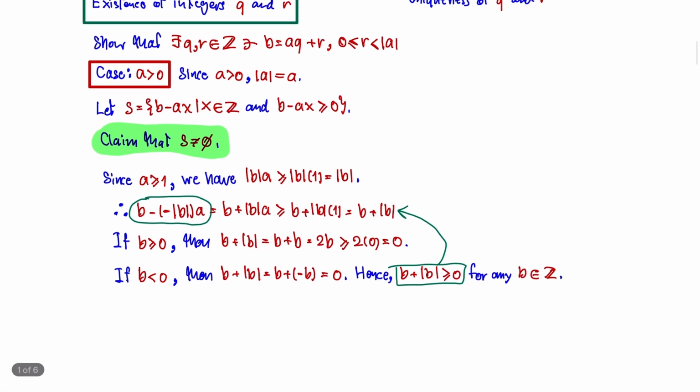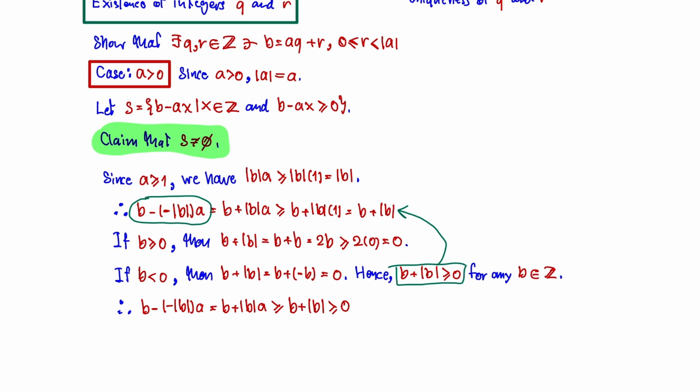This means that this number, which is a number in the form of b minus ax, turns out to be greater than or equal to b plus the absolute value of b, and it's going to be greater than or equal to 0.